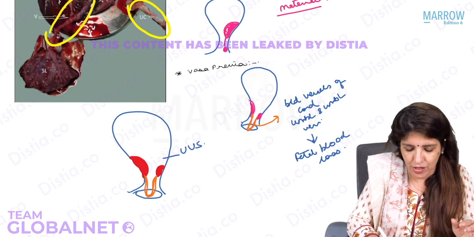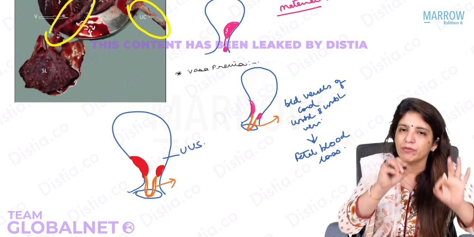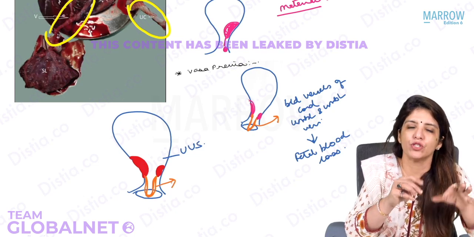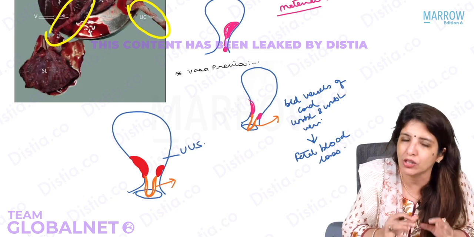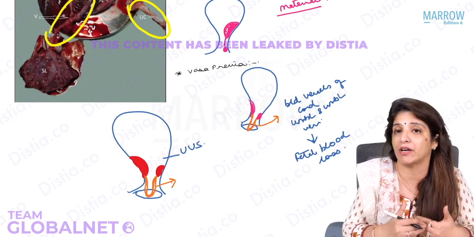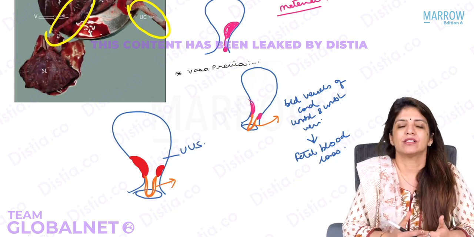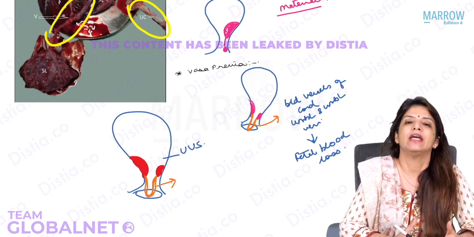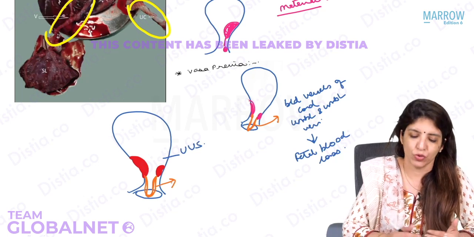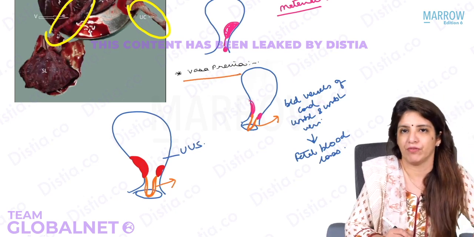Now in this case, when bleeding is going to happen from the blood vessels present between the two lobes, those blood vessels are fetal blood vessels. Right? And because they are fetal blood vessels, they will carry fetal blood. So when bleeding happens, it will be fetal blood loss, and that is how it can lead to vasa previa.